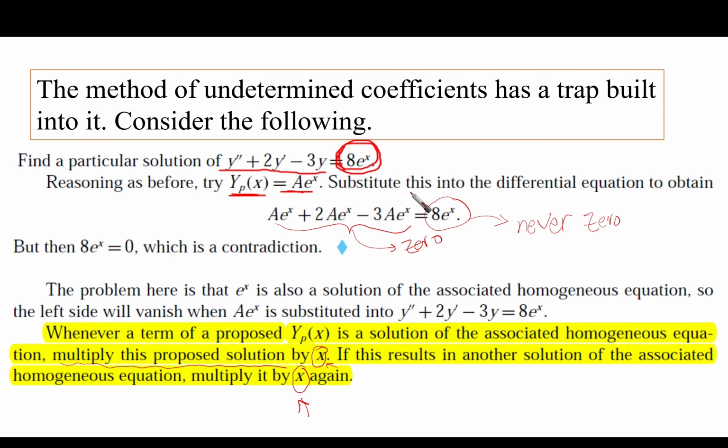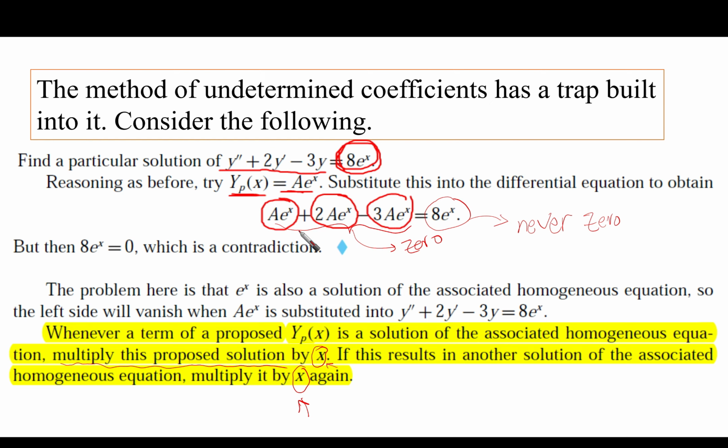Then substitute this into the differential equation, after taking y prime and y double prime from a e to the x and substituting back. It is going to be a e to the x, which is y double prime, plus 2y prime minus 3y, as you can see here.